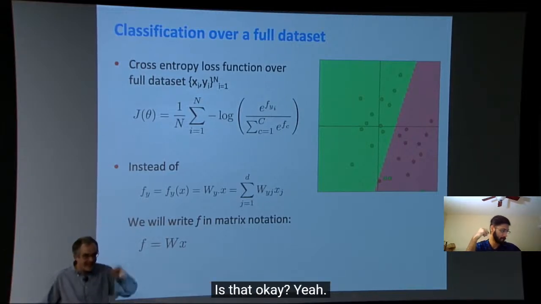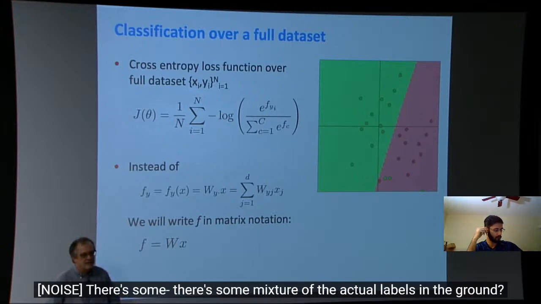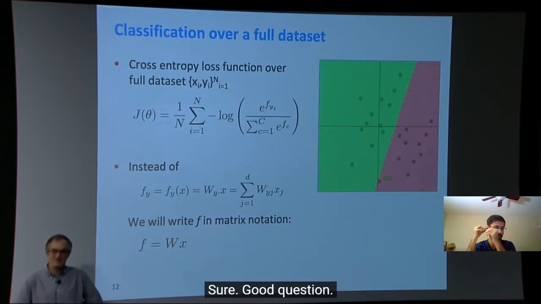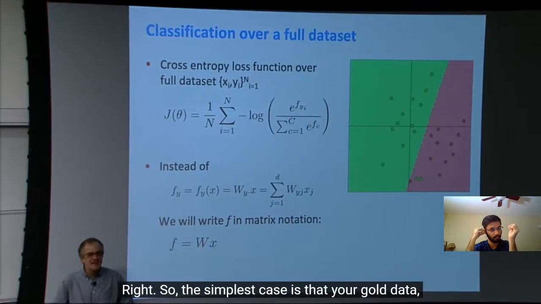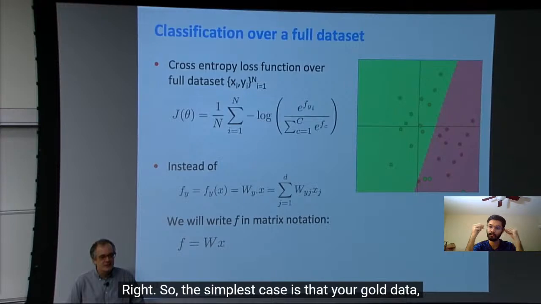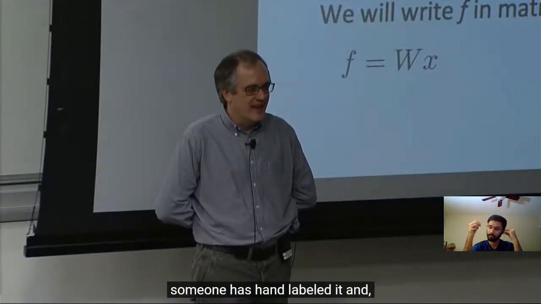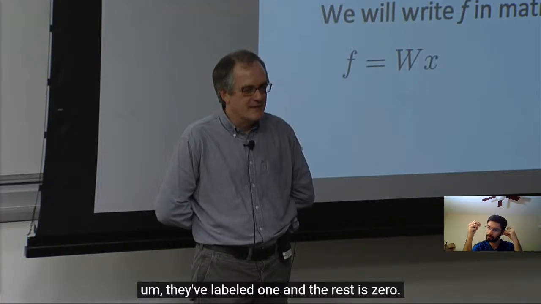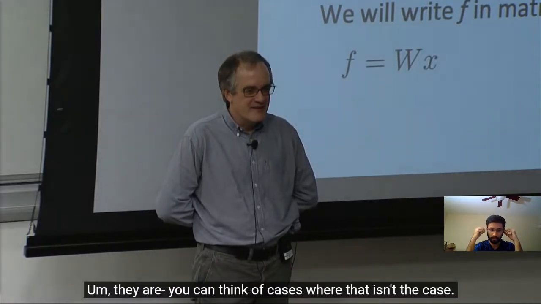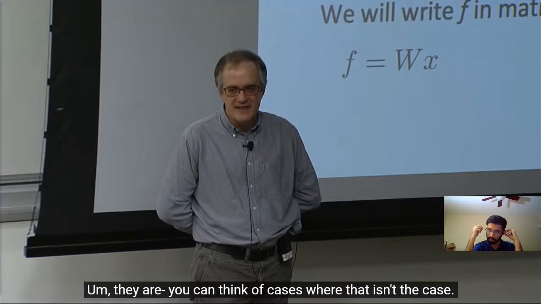Is that okay? Or there's some mixture of the actual labels in the graph. Sure. Good question. So the simplest case is that your gold data, someone has hand labeled it, and they've labeled 1 and the rest is 0. You can think of cases where that isn't the case.